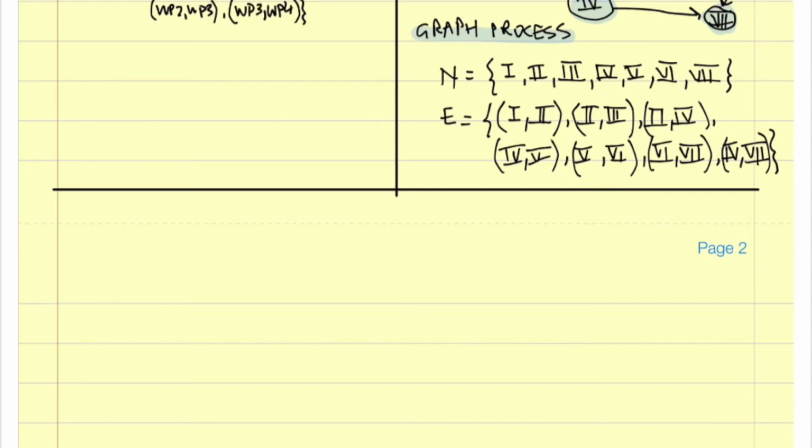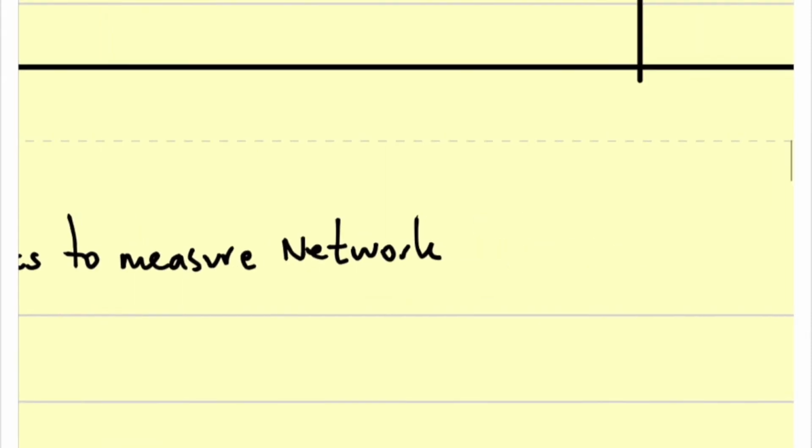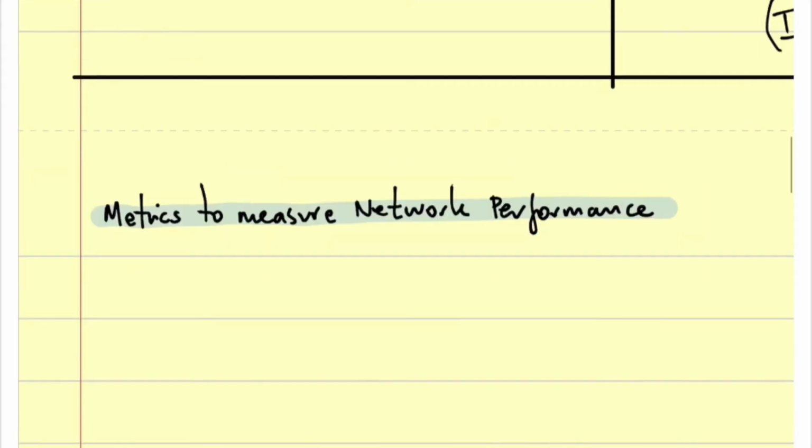So the first metric, so now we create some metrics to measure the network. Whenever I say network, I can say process or project performance. Let's say we are going to define certain KPIs that we can universally use to measure our performance.